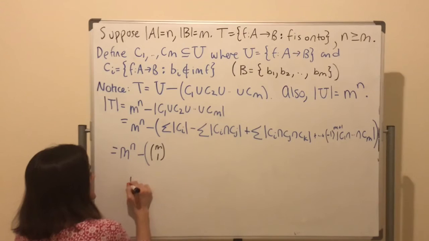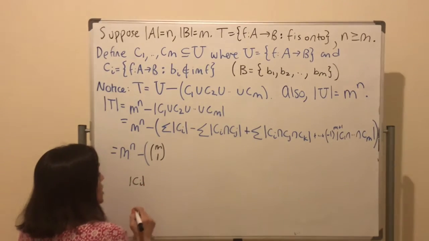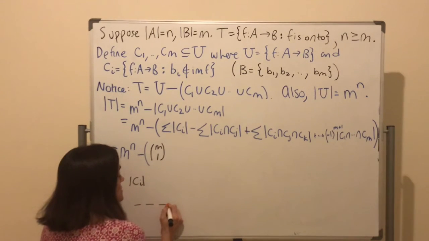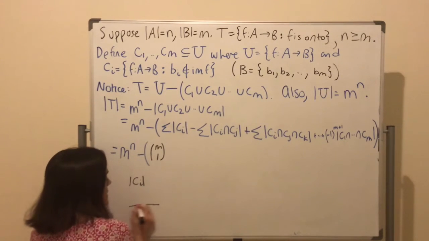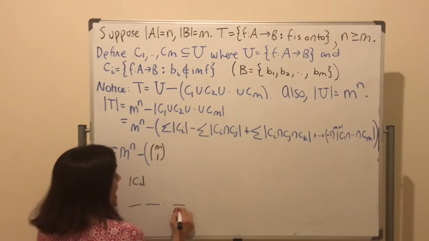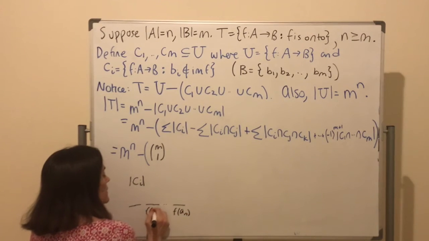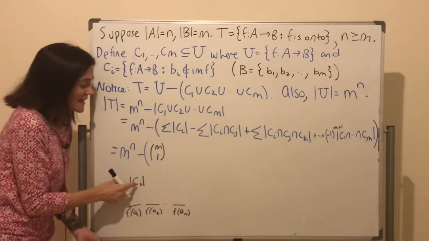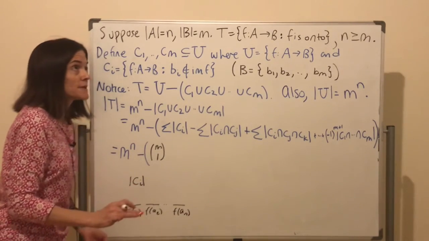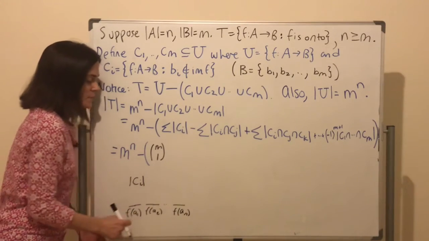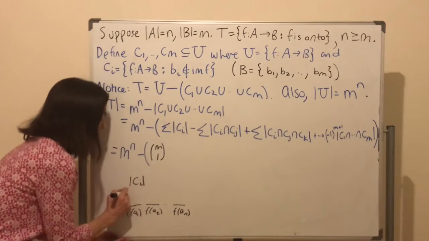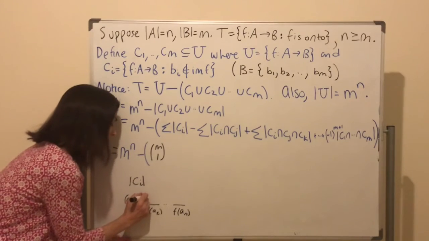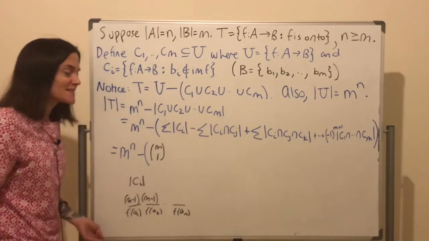So for any of these, the cardinality of Ci, this is very much like we already thought about, where you have this string or list of length n: f of a1, f of a2, and so on. But in this set, this can be anything in B except Bi. So you have m minus 1 possibilities for f of a1. You have m minus 1 possibilities for f of a2.